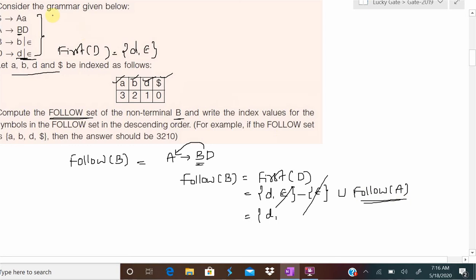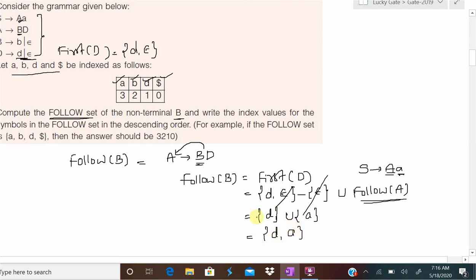In the production S tends to AA, A is on the right hand side. Now what is A followed by? Letter A. So it is finding D union A. So what is the final answer? D comma A is the final answer.